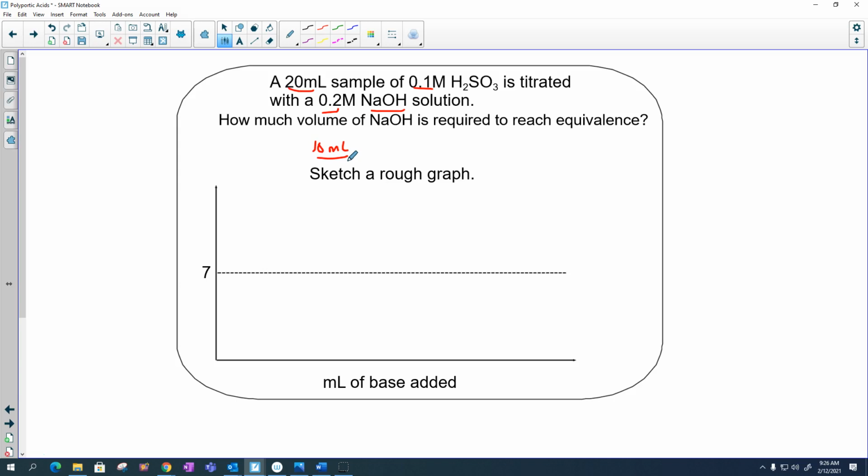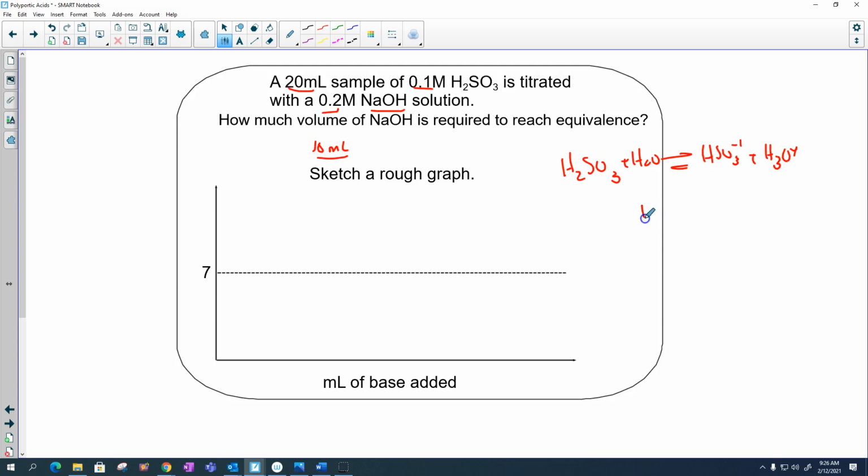Well, that means it takes 10 milliliters for my reaction. All right, I have H2SO3 plus water. I'm going to use the hydrolysis equation here just to show you what's happening: HSO3 minus 1 plus H3O plus.